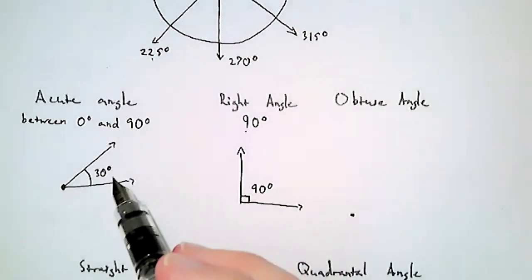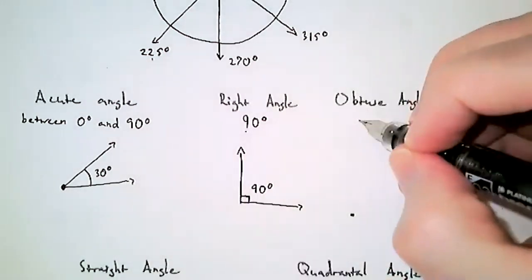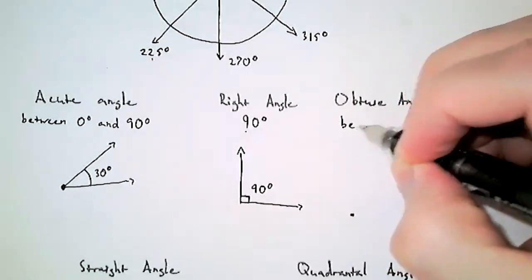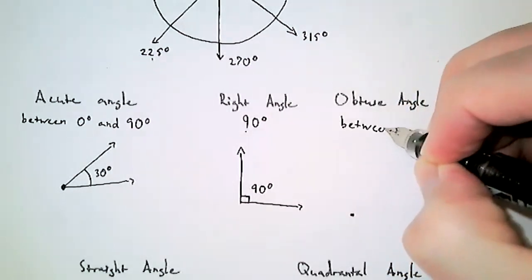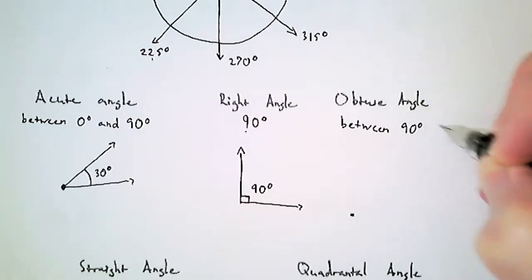Obtuse angles are bigger than both of these. They're between 90 and 180 degrees.